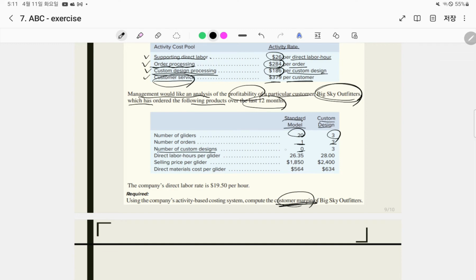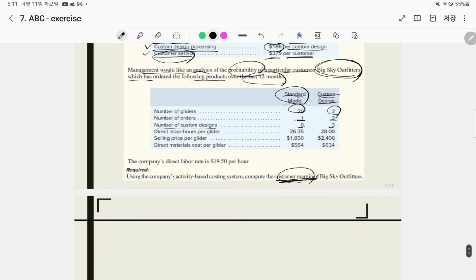Number of custom designs, 0 for standard model and 3 custom designs for custom designed gliders. And direct labor hours per glider is 26.35 hours per glider, and 28 hours per custom designed glider.